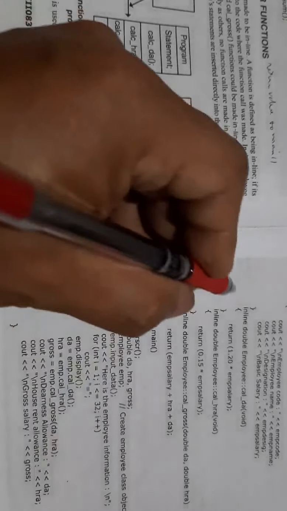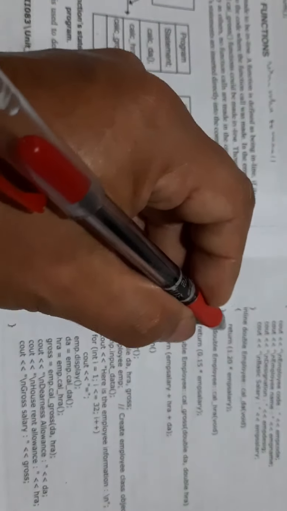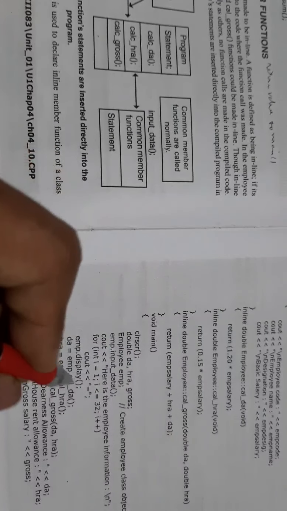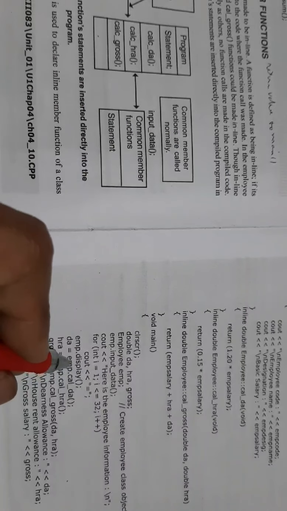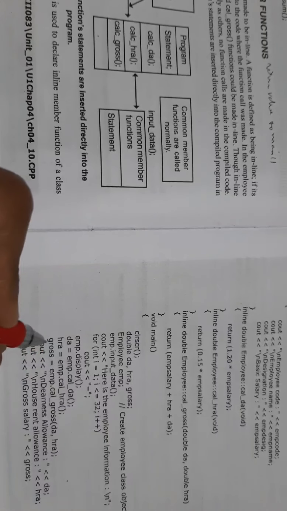Because using the inline member function, the value is returned using the return statement back to the main function, from the call function to the calling function, right? And so that value has to be stored somewhere. So that's why these variables da, hra, and gross are declared.